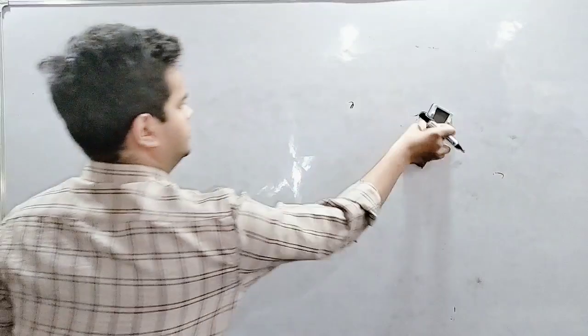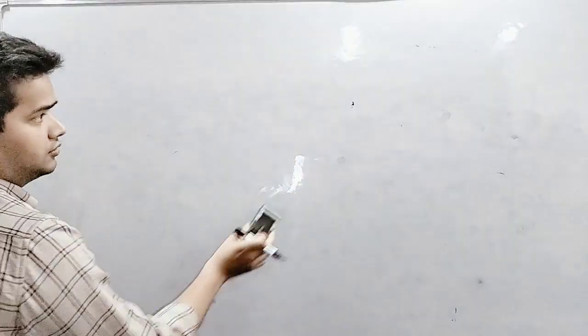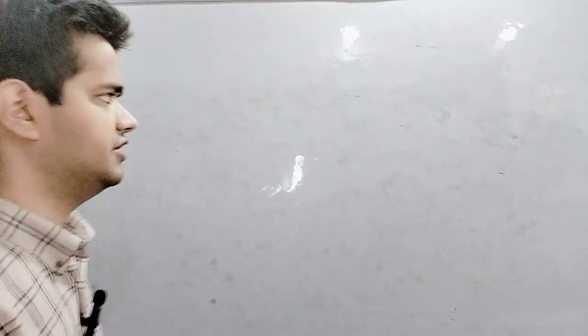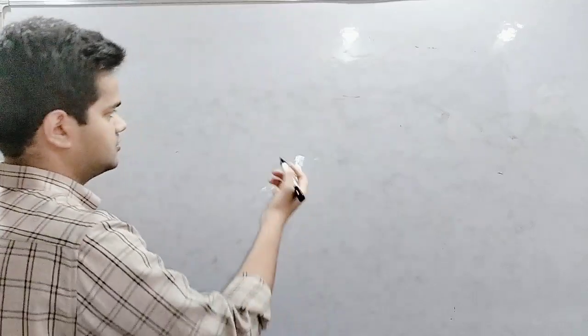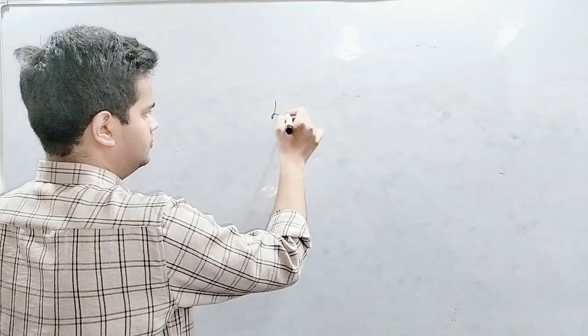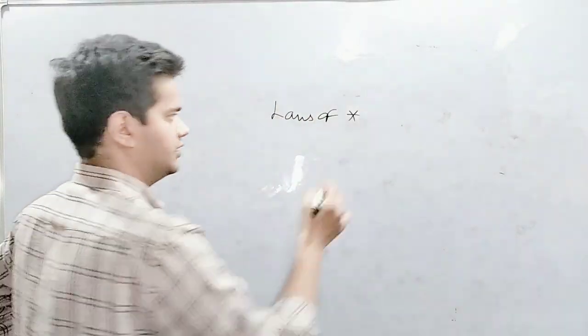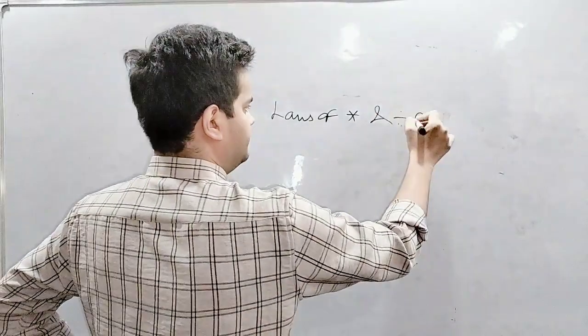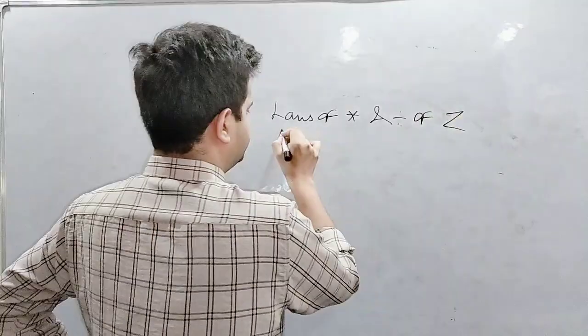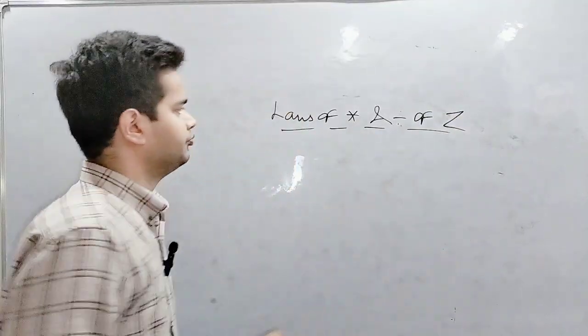Now in class 7th, you will learn about multiplication and division of integers. Okay, so we will do laws of multiplication and division of integers. Z means integers.